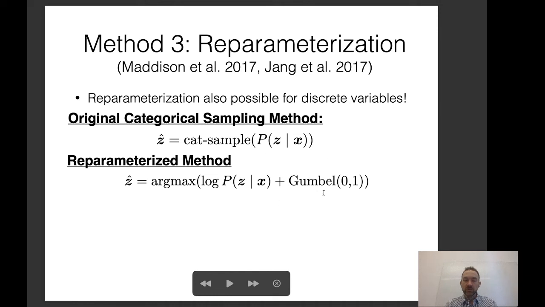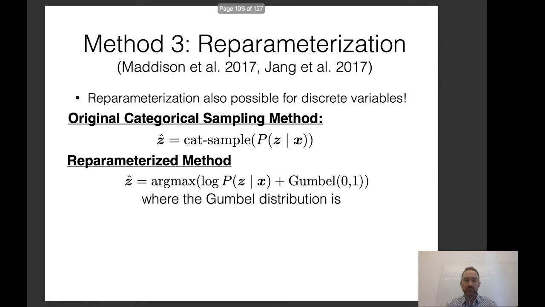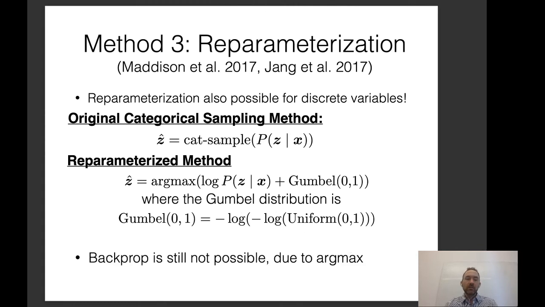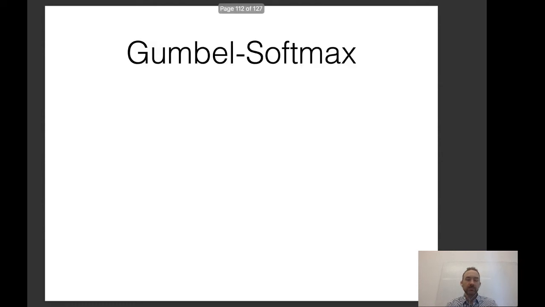I won't go into the details of this Gumbel distribution, but trust me on this or look at the papers to read a little bit more. This is the Gumbel distribution here. However, backpropagation still isn't possible due to the argmax, because as we know, argmaxes are not backpropagable.